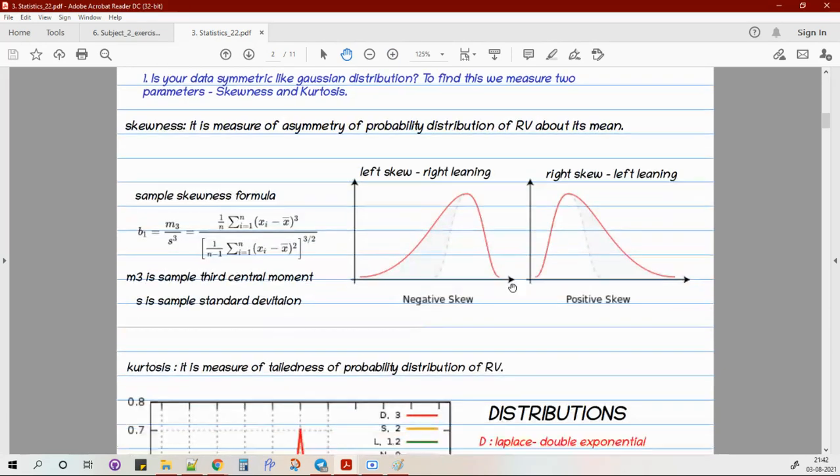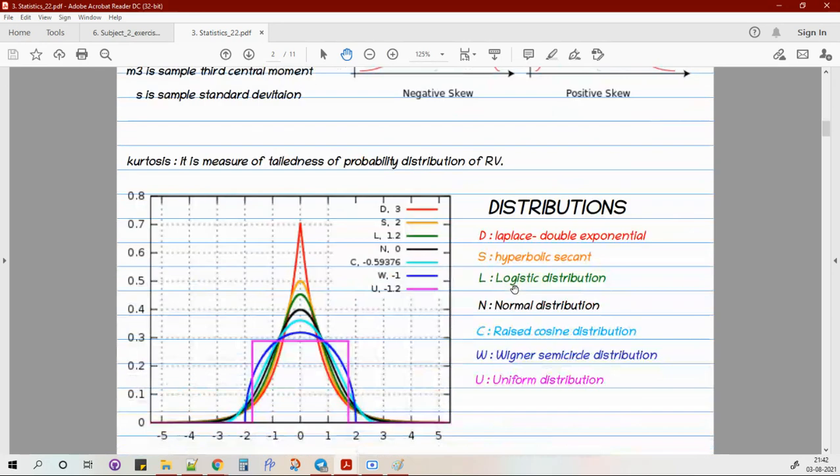Correct. The next, kurtosis, is nothing but a measure of the tailedness, right? It is not measuring the peakedness. In the first moment, you will think it is measuring how peaked the data is around the mean, but it is actually measuring the tail, how much tail you have in the distribution.